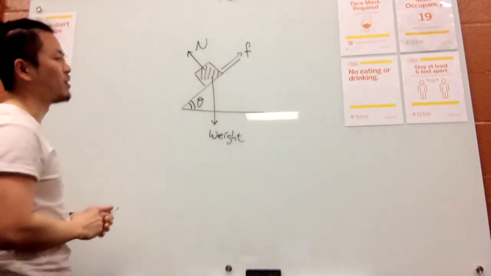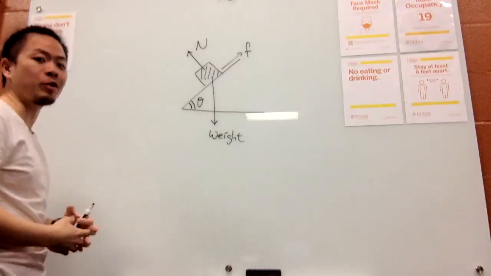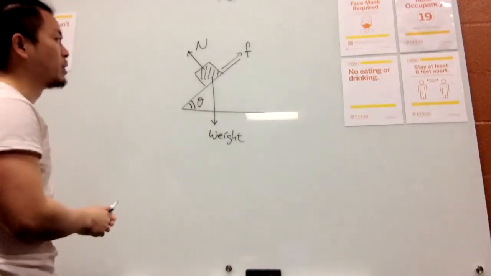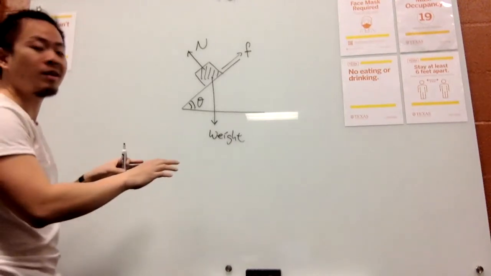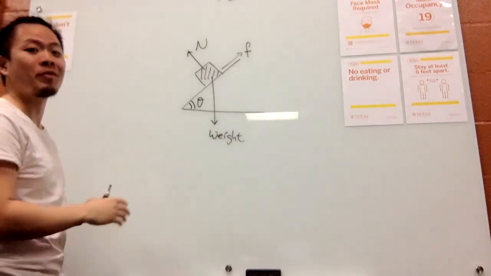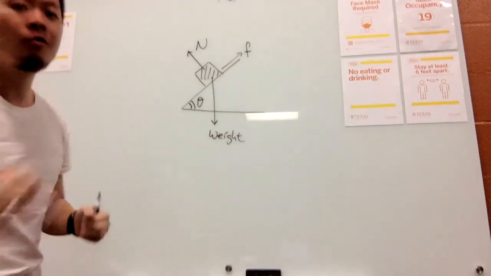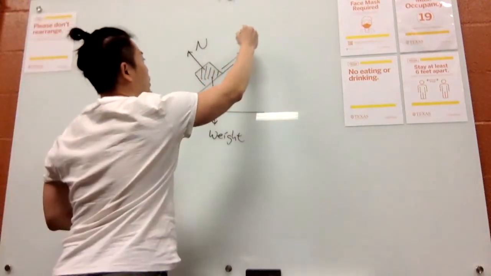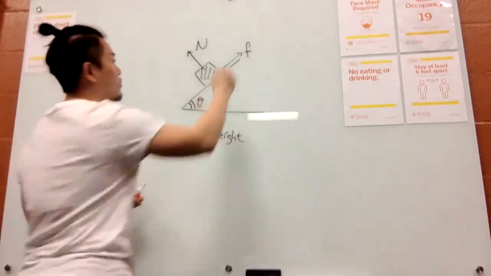All right, so right now I'm going to show you a simple, pretty common trick to solve this problem, which is to divide the force onto the directions you want, to simplify the question. So for example, we're talking about friction right now, right?